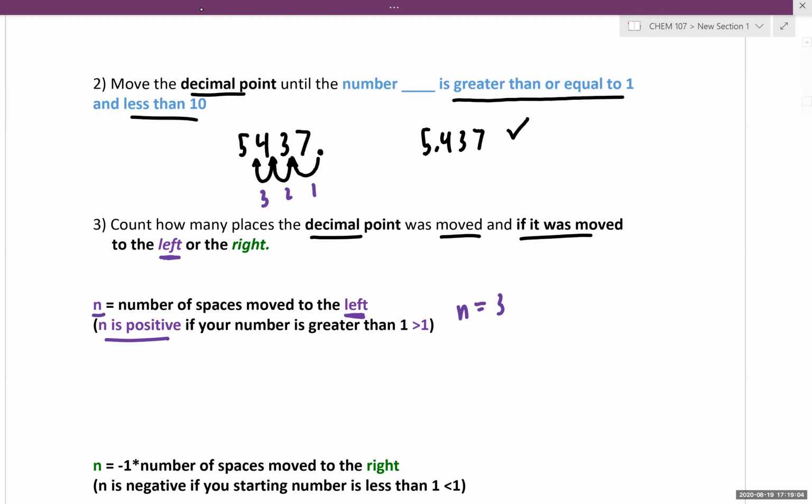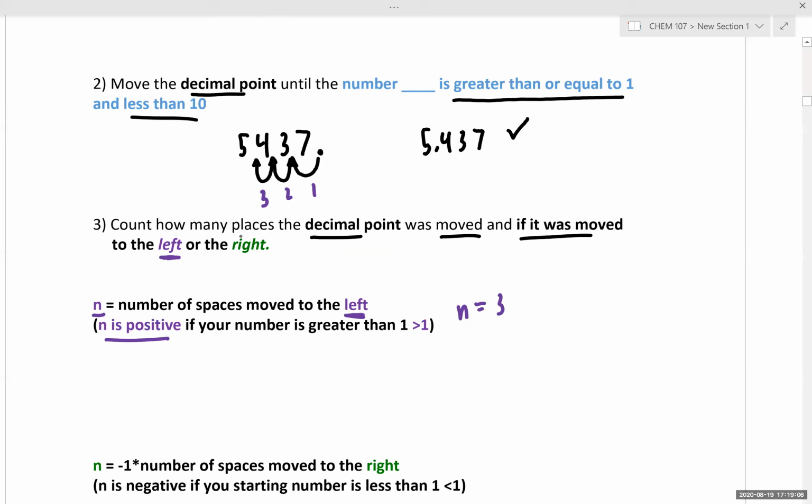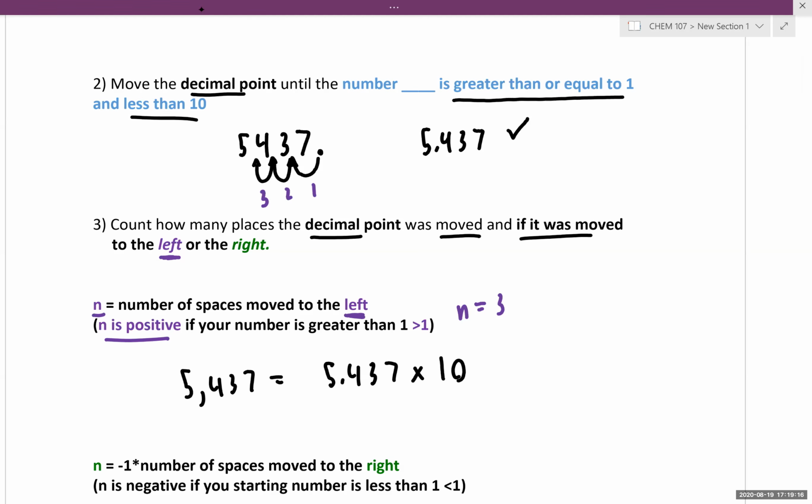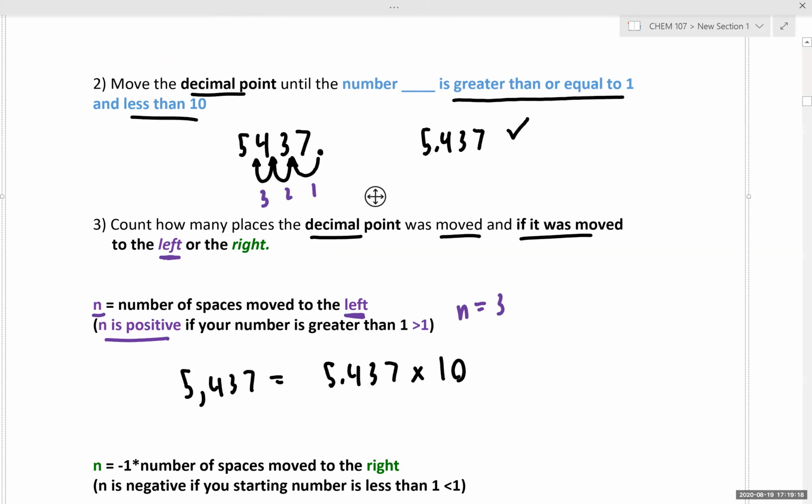So we'd write out our number as 5,437 is equivalent to 5.437 times 10 to the n. And what did we just say the value of n was? 3. N is positive when we have large numbers.